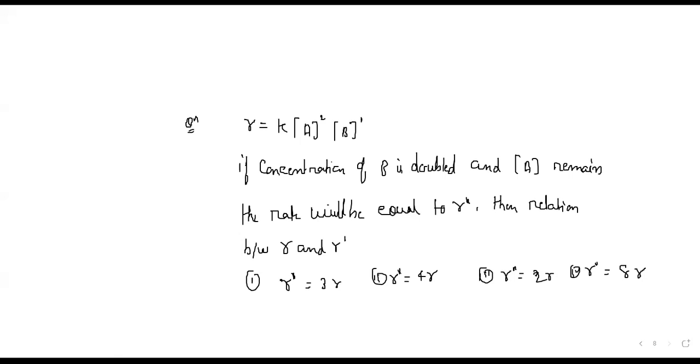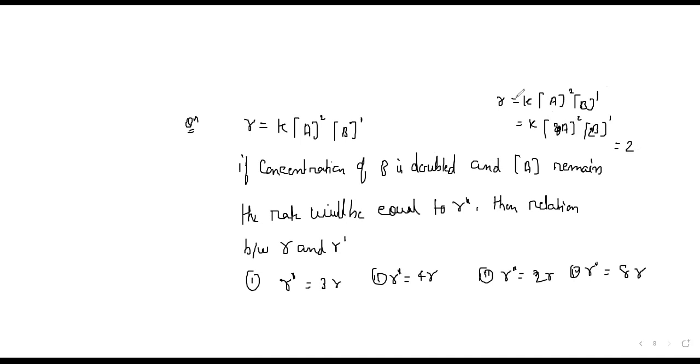Another question. In this question, R value will be equal to K into A to power 2 into B to power 1. If the concentration of B is doubled and A remains the same, then this value will be multiplied by 2.